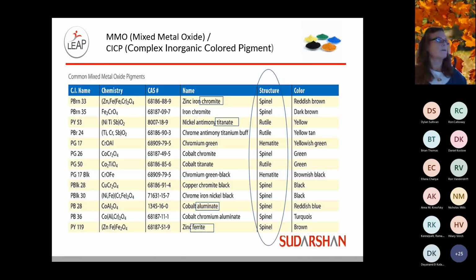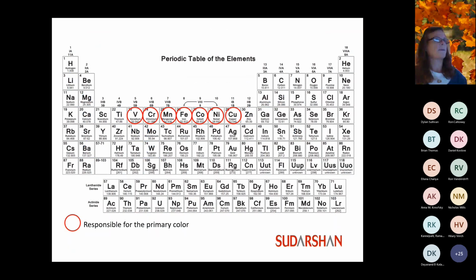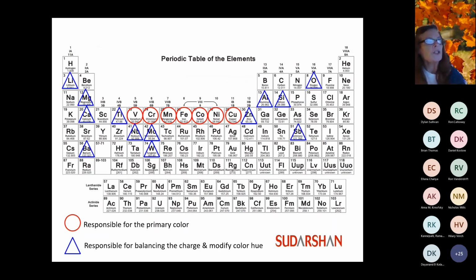Okay, so here's the slide that you're referring to, and what I mentioned here was that those metal ions that are highlighted in yellow are the ions that are responsible for the primary color of the colorant, and those that are in blue are secondary in terms of color because they modify the color hue. But they are primarily there to balance out the charge in that crystal structure.